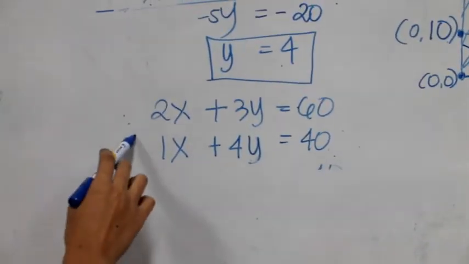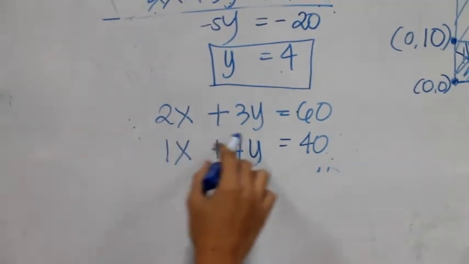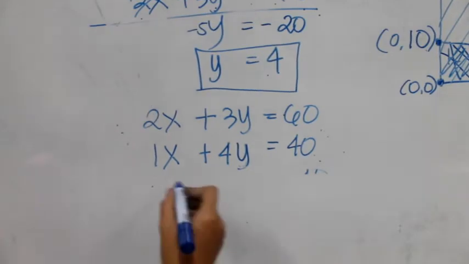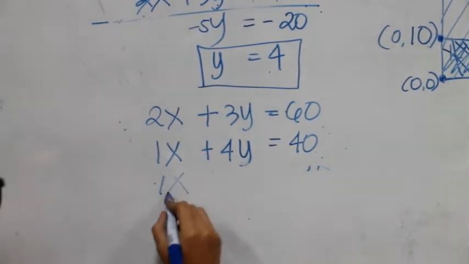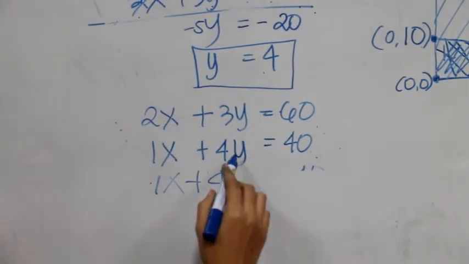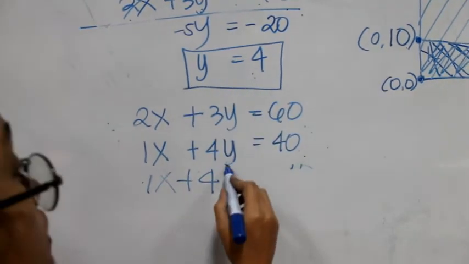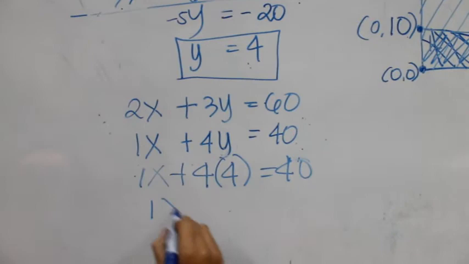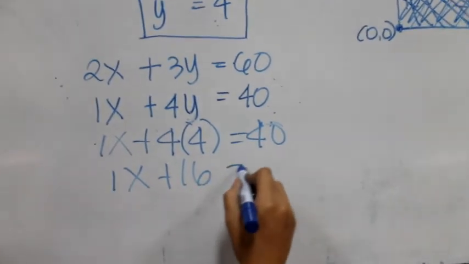From this equation, we now find the x. 2x plus 3y equals 60 and 1x plus 4y equals 40. So 1x plus 4, we now know the y, which is 4, times 4 equals 40. 1x plus 16 equals 40.